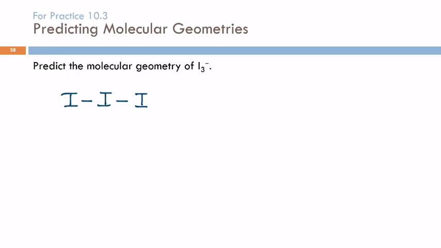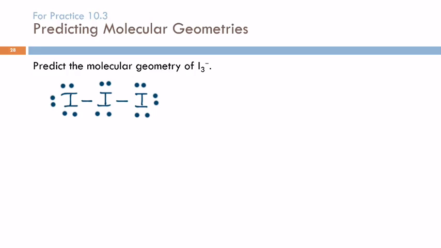Minus 1, or plus 1. 3 iodines, each have 7, so it's 21 electrons. The negative charge is there because it's got 1 extra electron. So we're looking for 22. Got 2, 4, 6, 8, 10, 12, 14, 16, 18, 20.